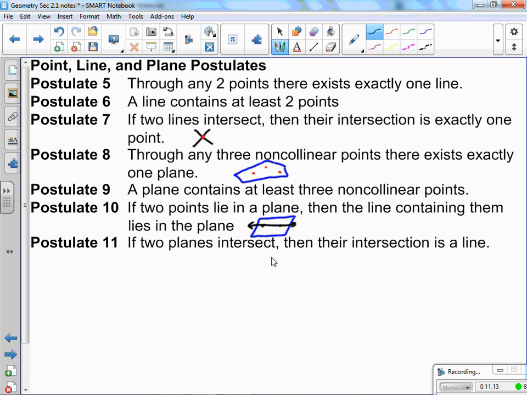And 11, if 2 planes intersect, then their intersection is a line.